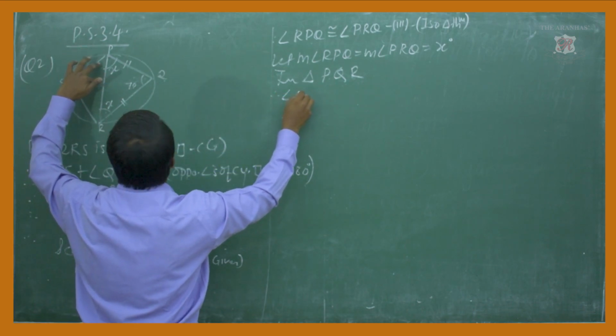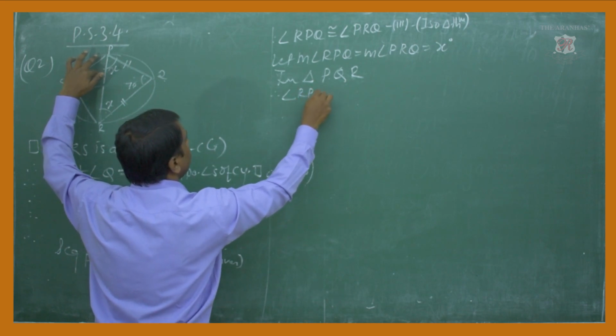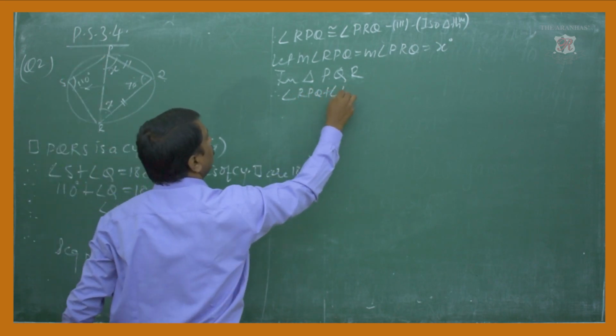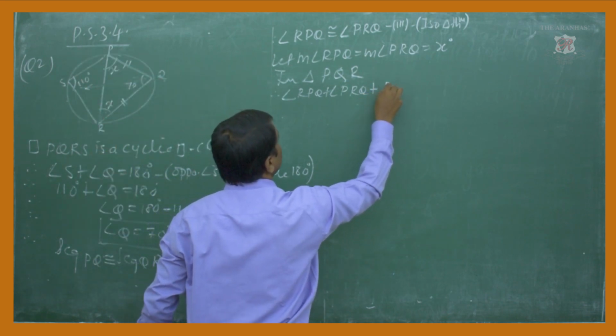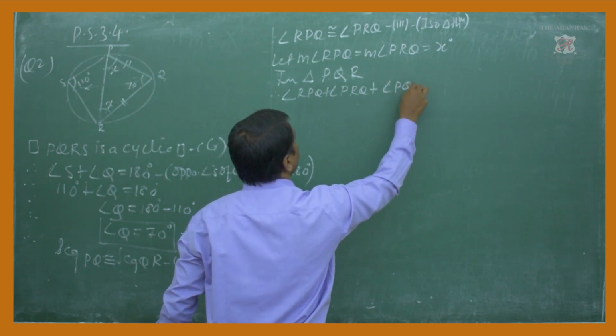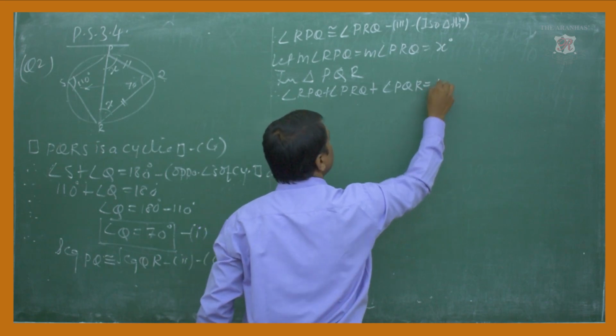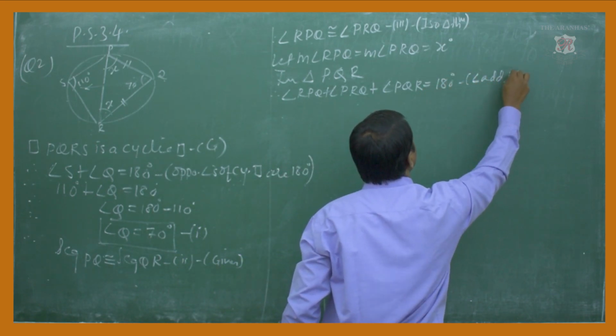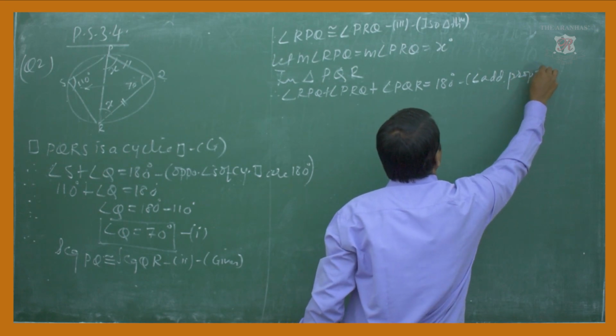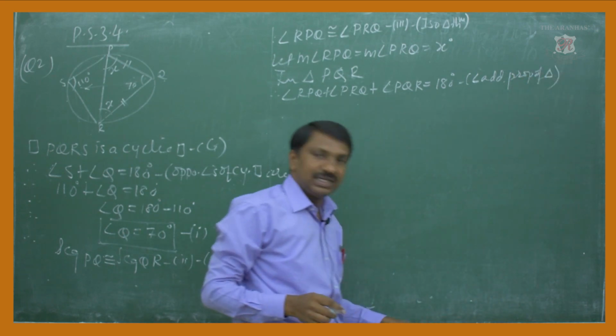Angle RPQ plus angle PRQ plus angle PQR equals 180 degrees. It's the angle addition property of a triangle.